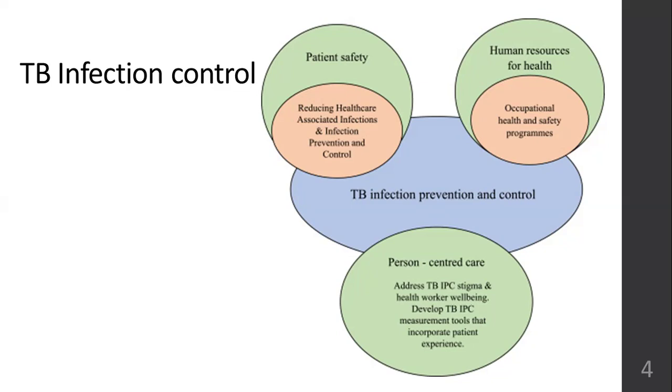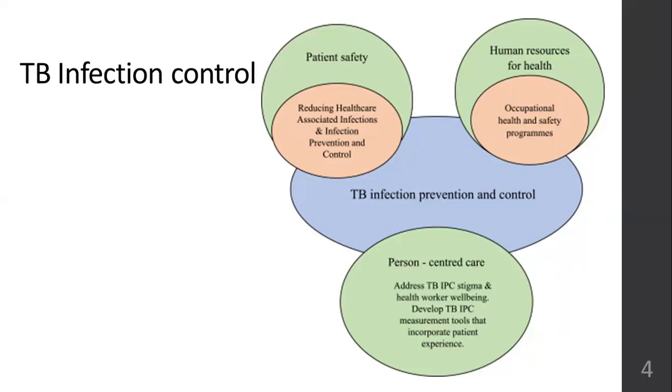Then person-centered care. Every patient who has been diagnosed with TB will have some associated stigma attached to TB. They will not be invited to a social gathering, or they will not be able to stay along with their family because they are suffering from TB. These kinds of social stigmas are present, not just for TB patients but also for HIV/AIDS patients.